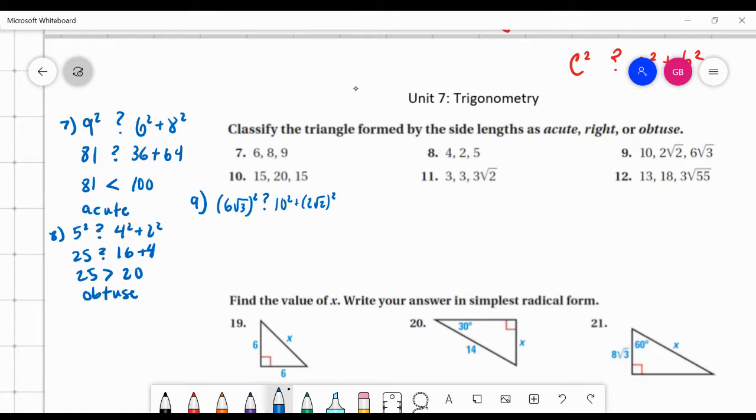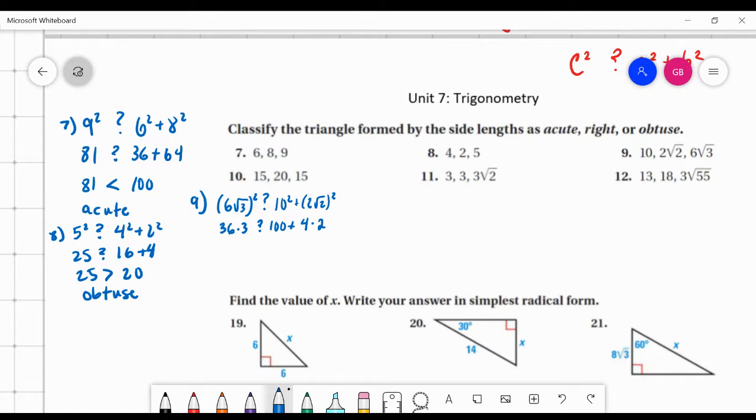So this is actually 6 squared is 36, and then the square root of 3 squared is actually just 3. So 36 times 3 on this side of the question mark. 10 squared is 100. 2 squared is 4, and then the square root of 2 squared is 2.